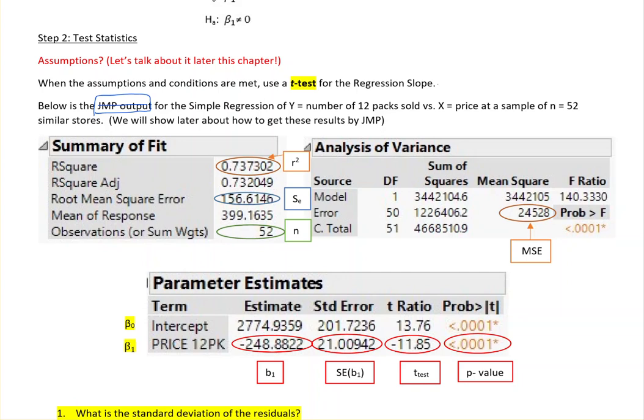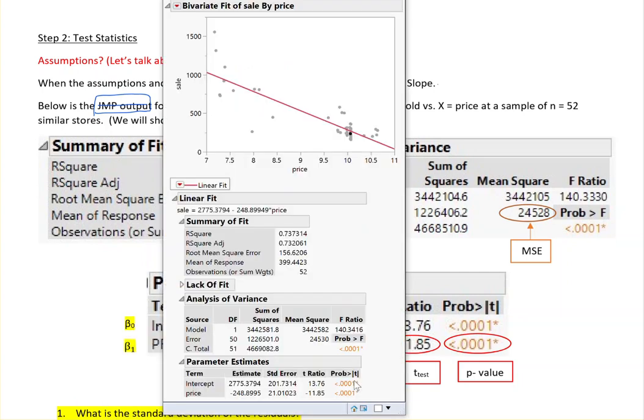Alright, so now any output of the regression will contain these three tables. The first one is called the summary of fit. This summary of fit will tell you the general information about this regression. How strong is this regression? How good is the fit?